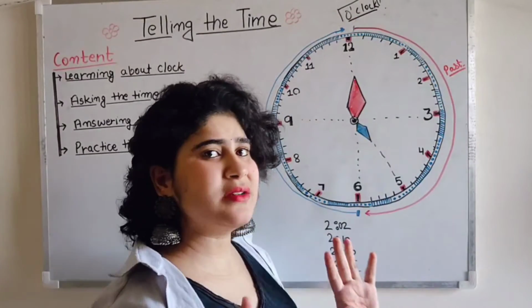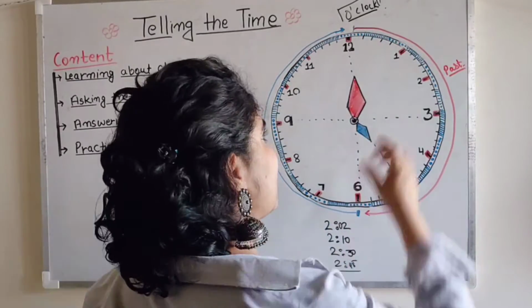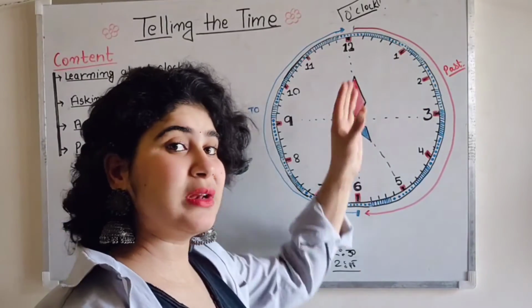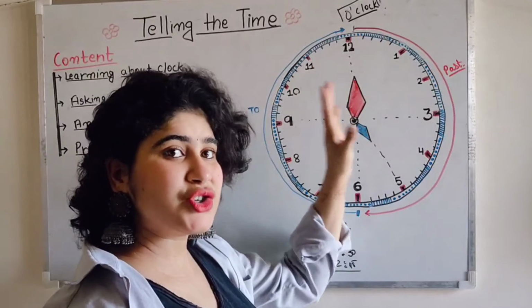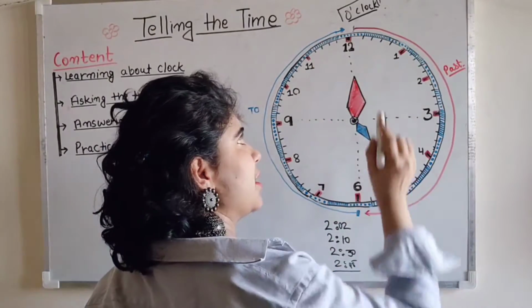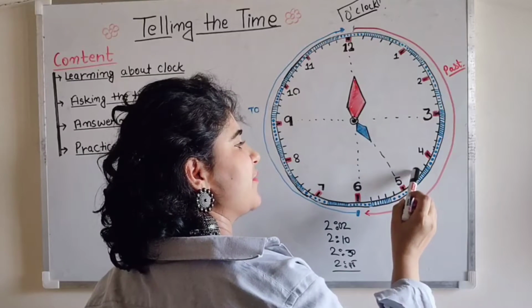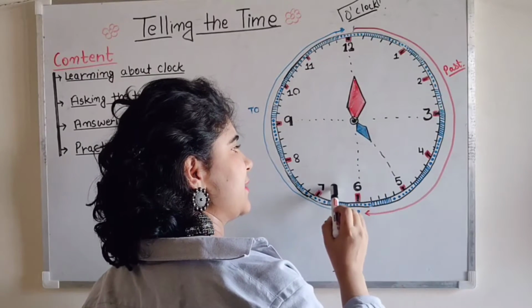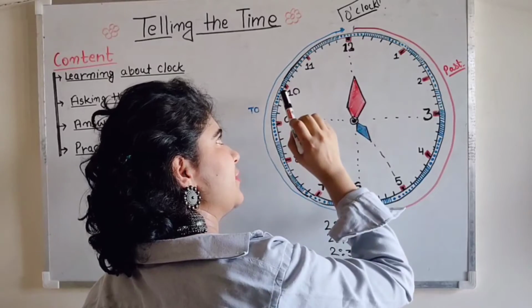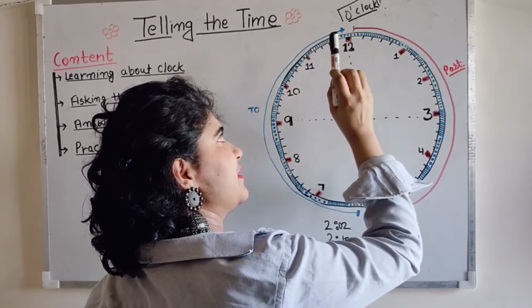We will understand. It's very easy, believe me. We know that we have a 5-minute interval between all the numbers shown on this clock. 5, 10, 15, 20, 25, 30, 35, 40, 45, 50, 55, 60.